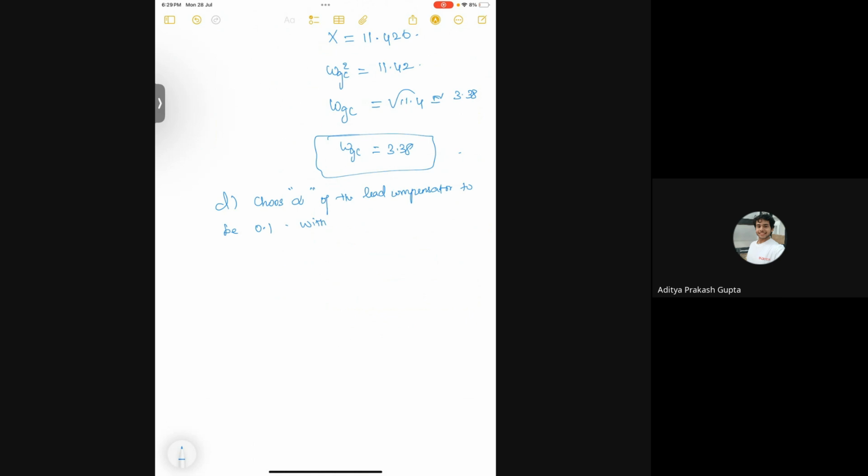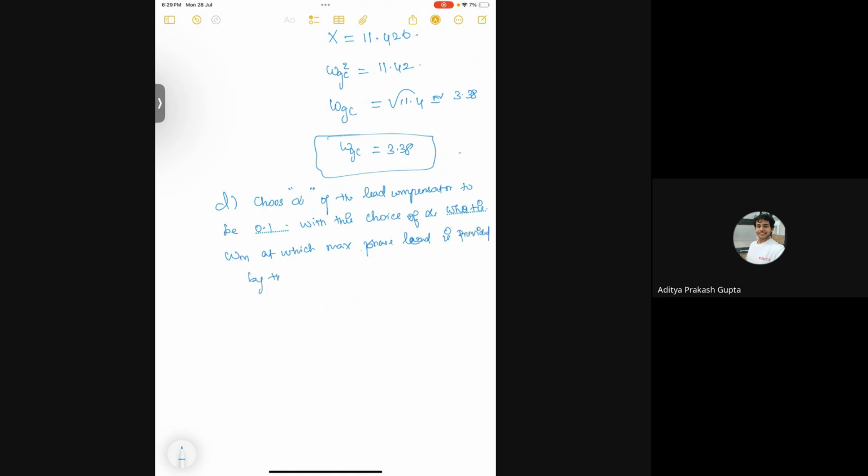With this choice of alpha, what is omega m at which the maximum phase lead is provided by the compensator?